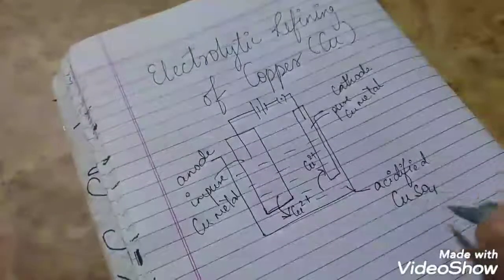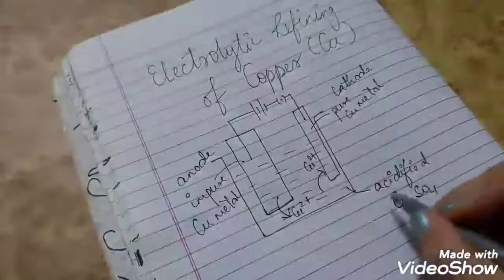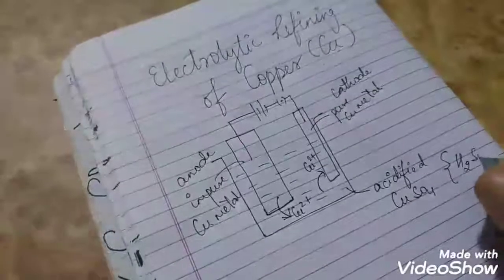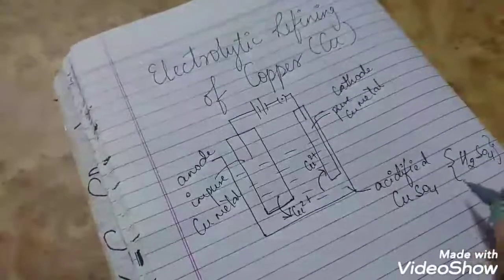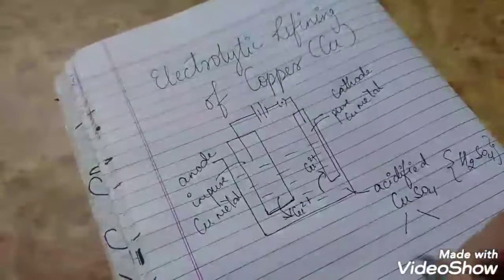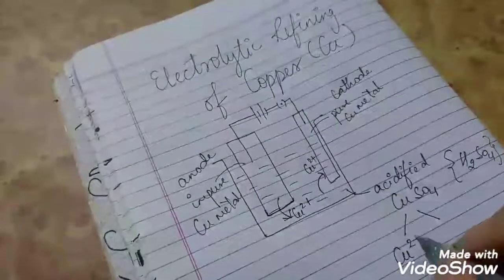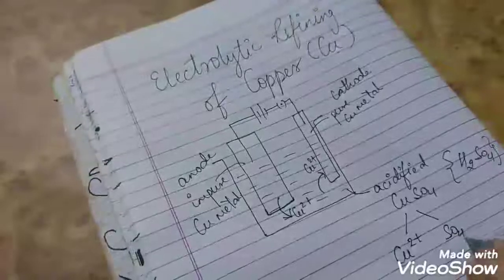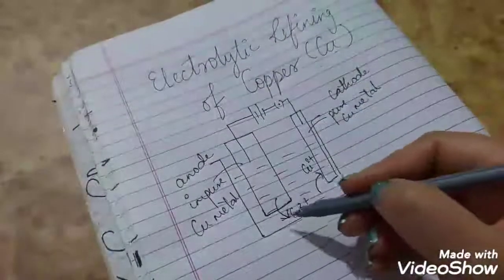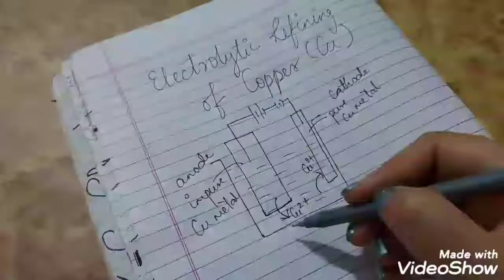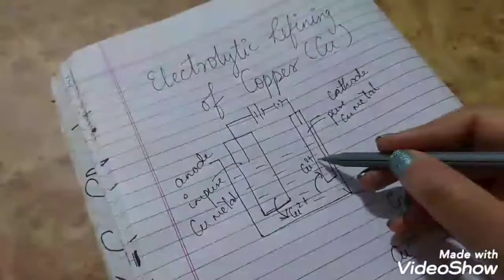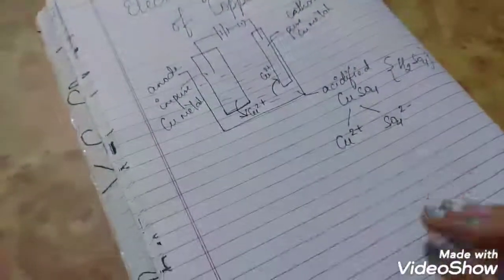Where will it get the sulfate ions from? From the acid. Which acid is present here? H2SO4. So there will be formation of more copper sulfate. Then this copper sulfate will split and form Cu2+ and SO4 2-. SO4 again will keep on reacting with the copper ions it is getting from anode, and these copper ions will go to the cathode. Let us see how the reactions will take place.